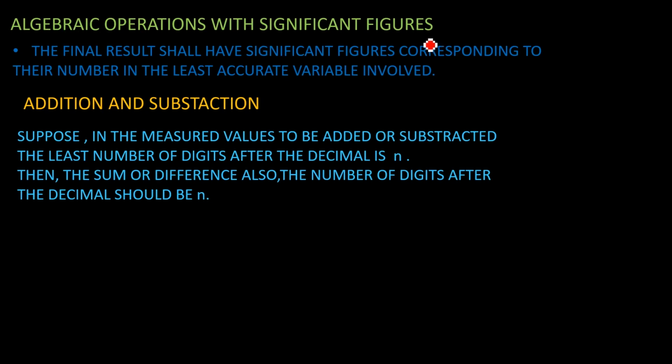So what exactly are algebraic operations with significant figures? Normally, when you are doing algebraic operations like addition, subtraction, multiplication, division, whatever digits are involved, based on that we will discuss how the result will come.